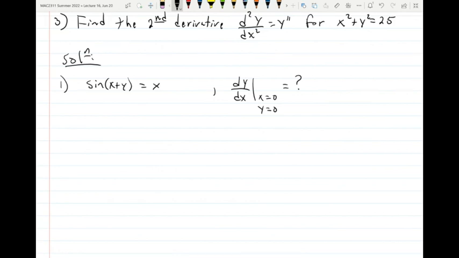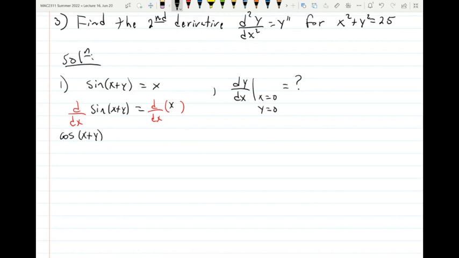What's the first step? Take the derivative on both sides, right? So the first step is derivative of the left equals derivative of the right. And remember, this is the derivative with respect to x. So what's the derivative of the left? Cosine of x plus y.